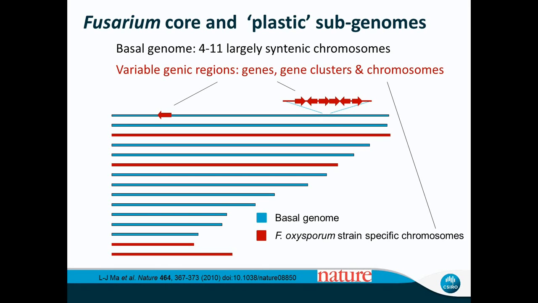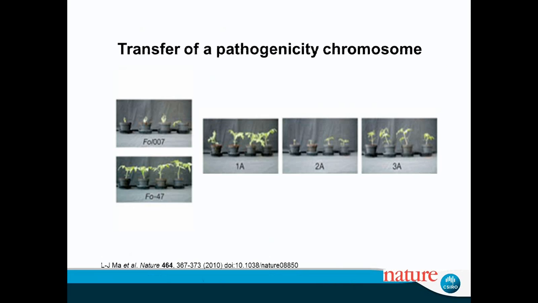One interesting thing, sorry for the picture that's not that clear, is a good example showing how important these strain-specific chromosomes are. This is a Fusarium oxysporum strain that infects tomato plants. As you can see here, they are all nearly dead.